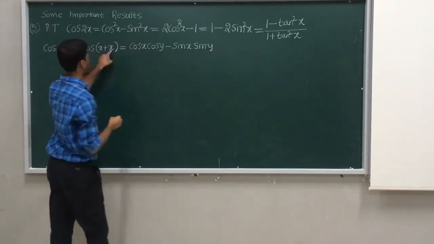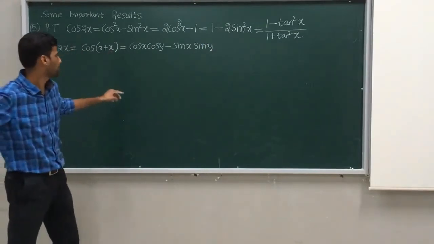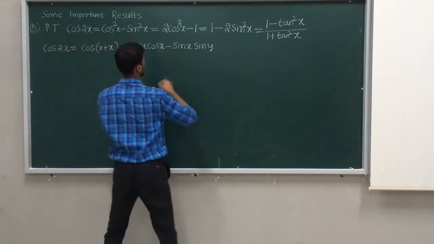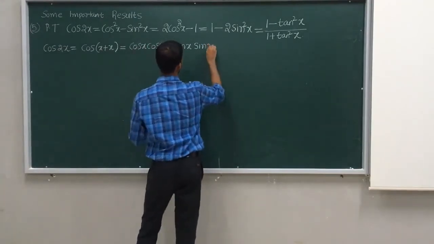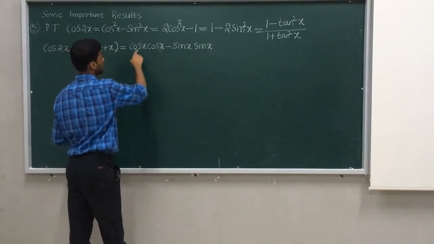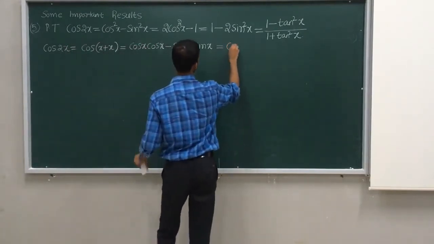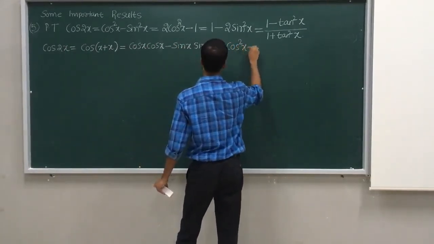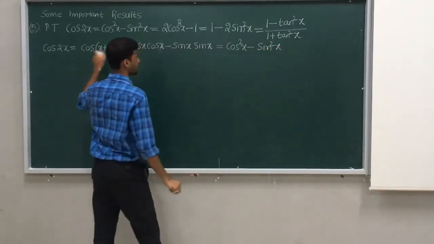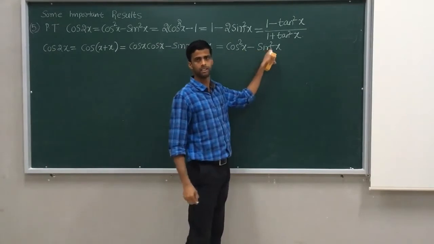But in place of y you have x. Therefore, I will replace it: cos x cos x minus sin x sin x. It is cos square x minus sin square x. Therefore, I proved cos 2x as cos square x minus sin square x.